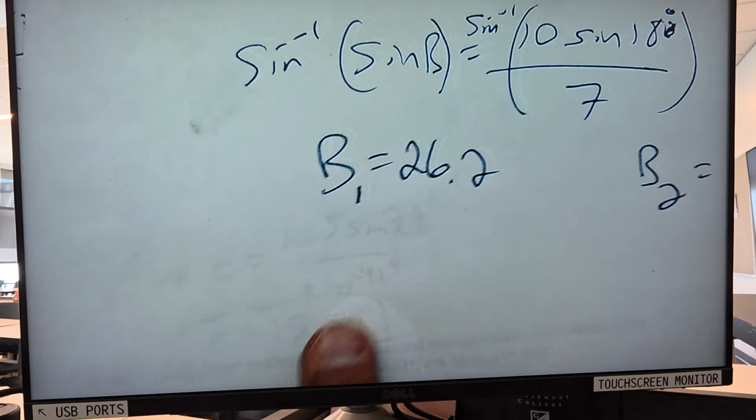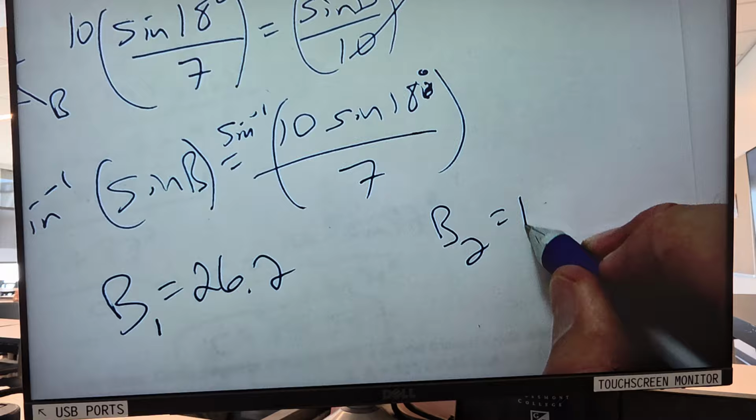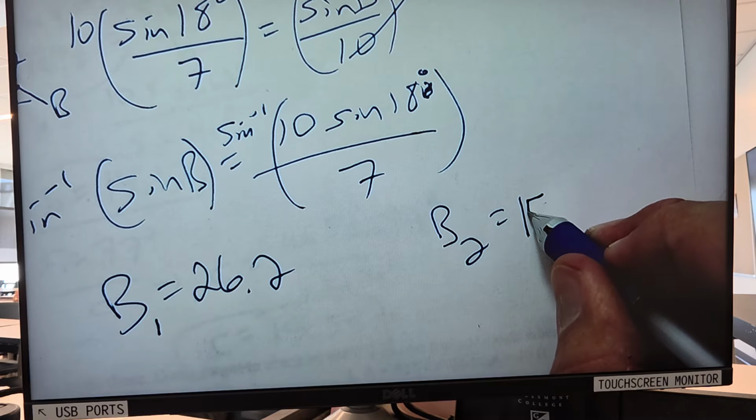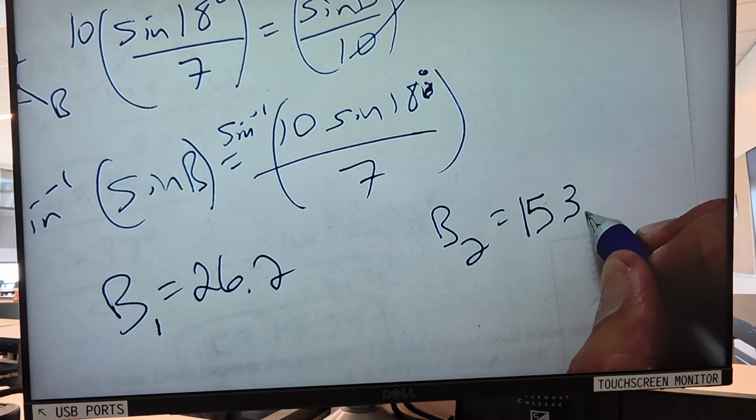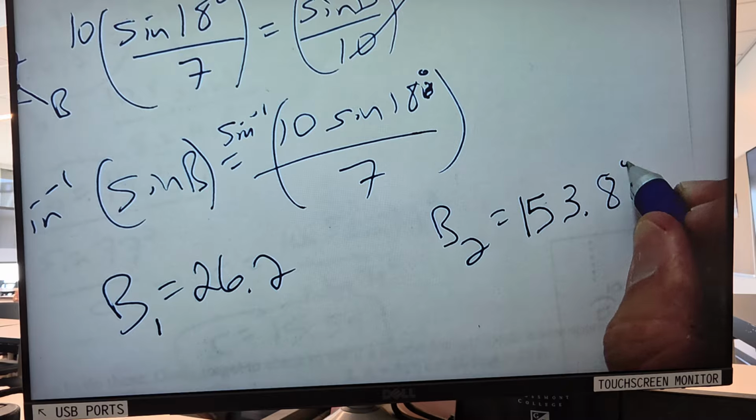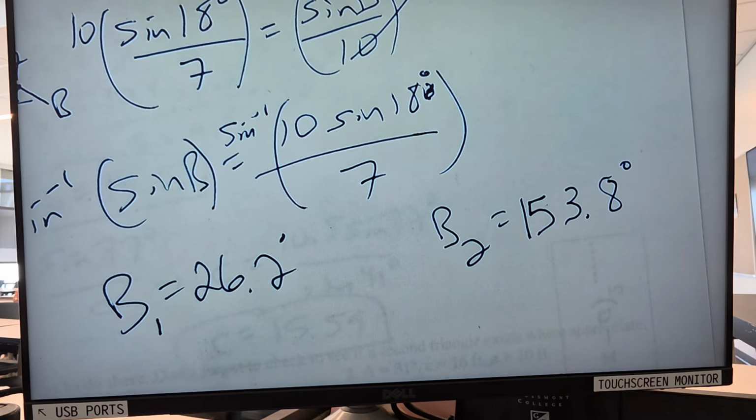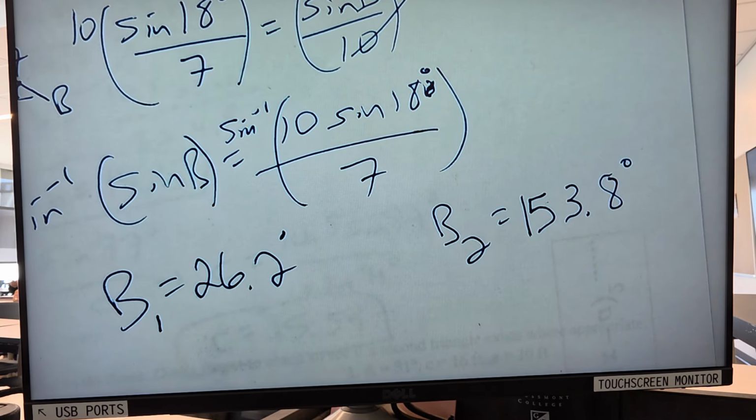What is 180 minus 126.2? 153.8, yes? Wait one second.